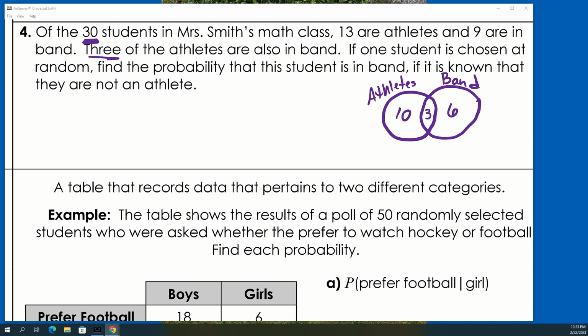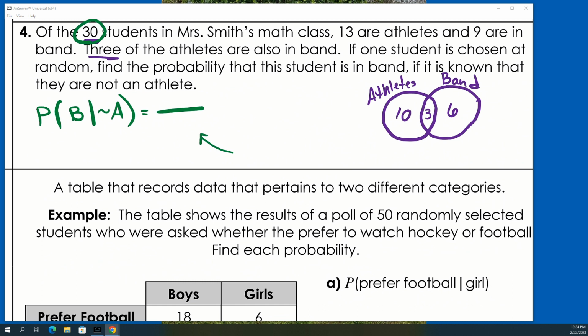All right, so that really wasn't any different than what we did on the last one. This next part is what makes it a little more challenging. So we want the probability that a student is in the band, so I'll say B, given that they're not an athlete, so not A. So out of the whole 30 students that are in her class, how many are not athletes?